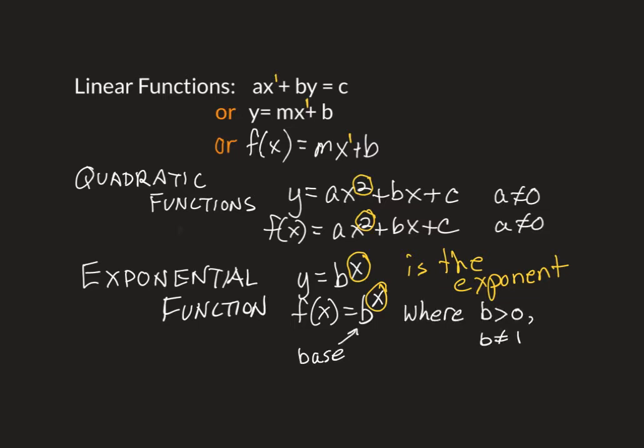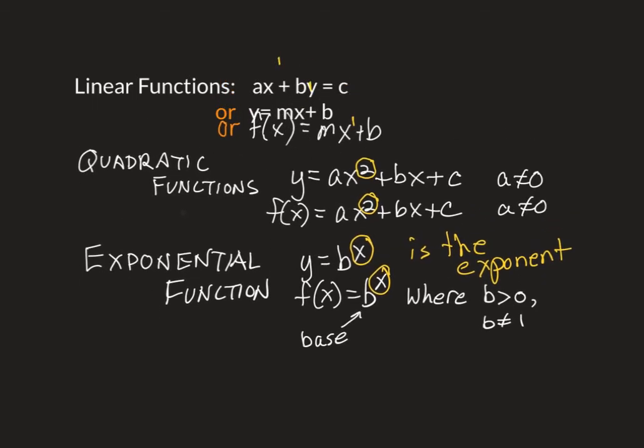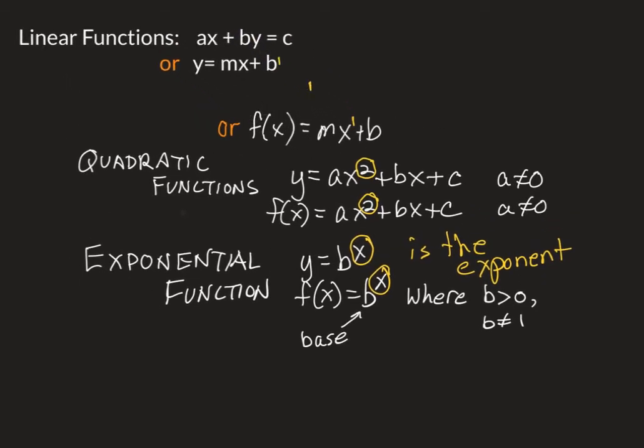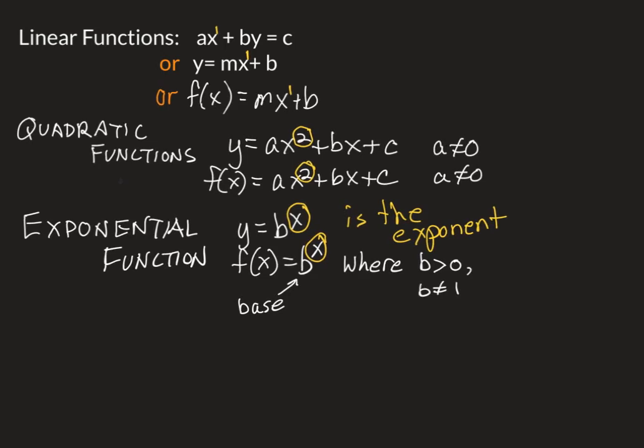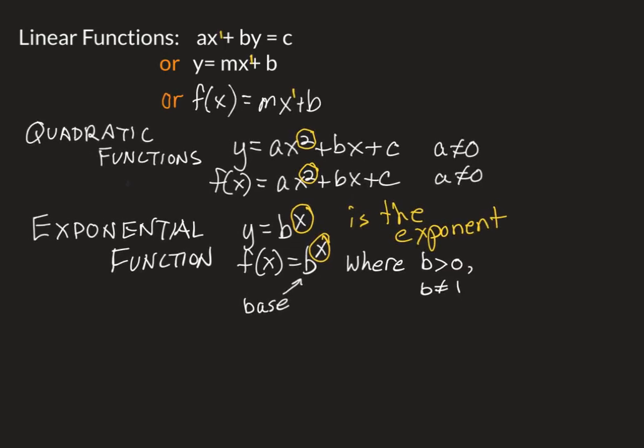Why in the world would we put those constraints on it? Let's think about that. If b is 1, we would have y equals 1 to the x. And 1 to the anything is 1 times 1 times 1 times, you're always going to get a 1.